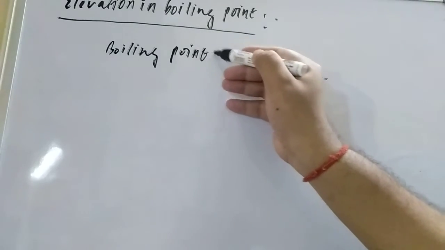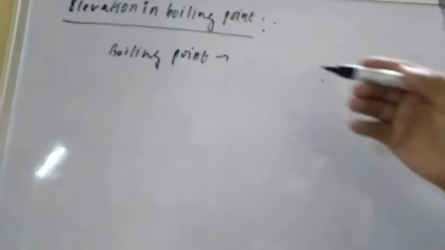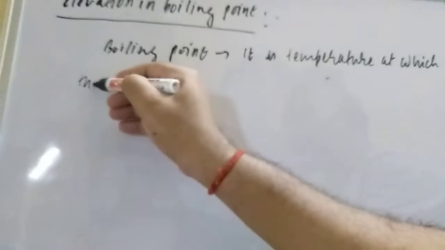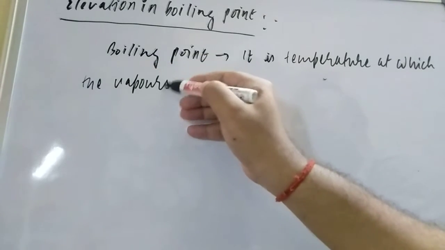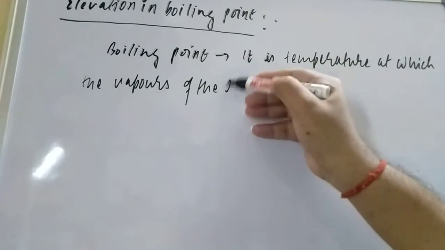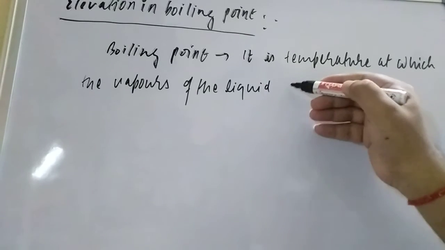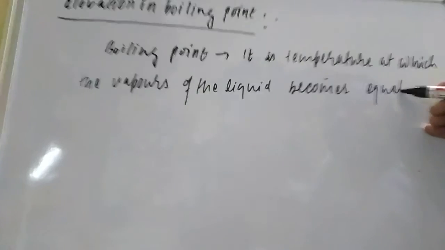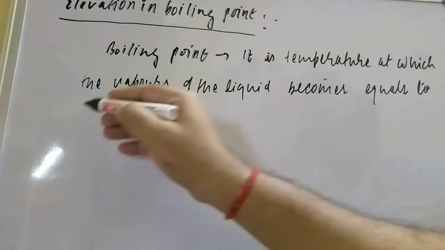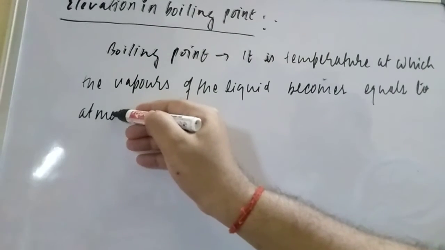Boiling point is the temperature at which the vapor pressure of the liquid becomes equal to the atmospheric pressure.